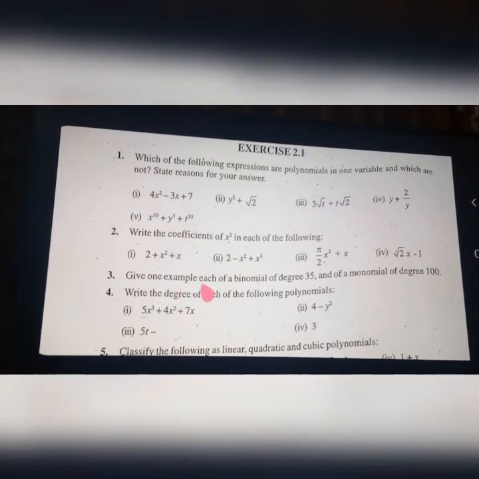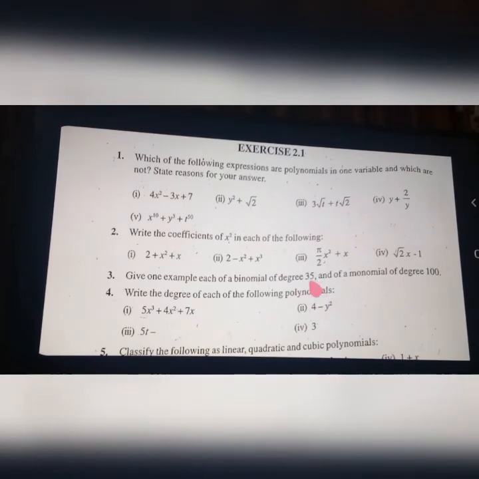Give one example of a binomial of degree 35. The degree should be 35 and it should be a binomial polynomial. Binomial means two terms. So two terms are there now. Any one term's degree you make 35, and the remaining can be a constant or anything.